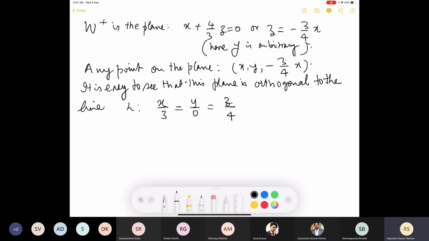So these are the direction ratios here, 3, 0, 4 for this. So the DRs of the line and the normal are same, 3, 0, 4. So what you can draw now, the picture also if you want to see, that you have a plane which passes through these 2 points, (1, 0, minus 3 by 4) and (0, 1, 0). So if you want to see the picture, x, this is y, z.